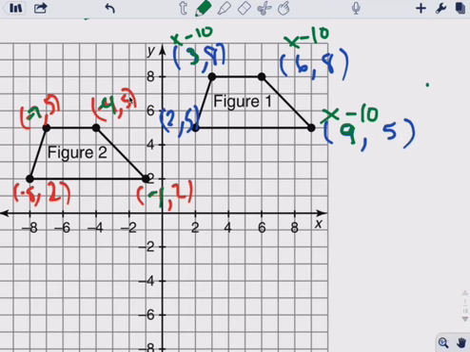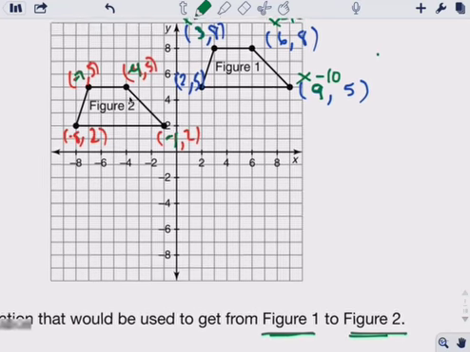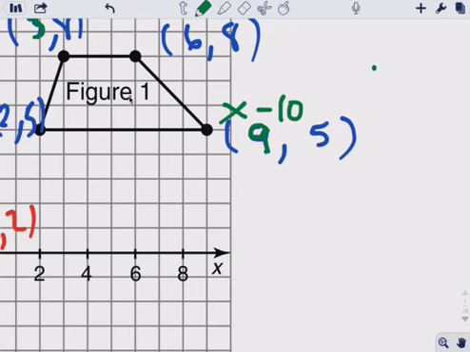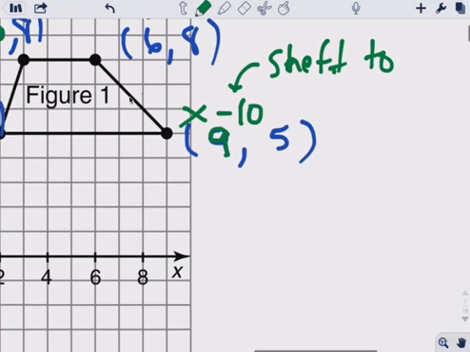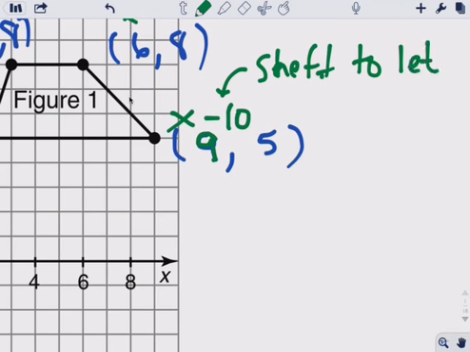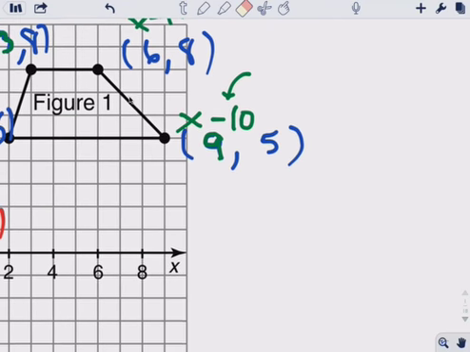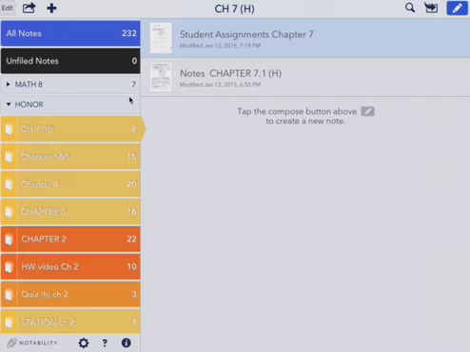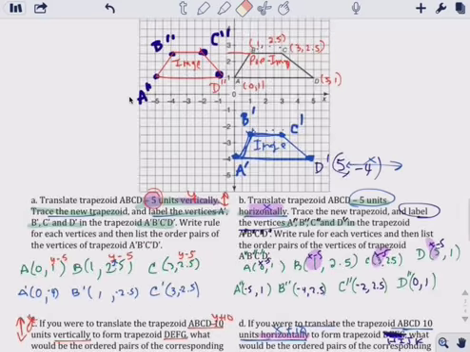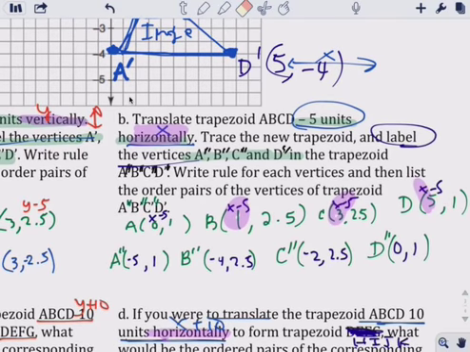So a negative is a shift to the left. That's a shift to the left 10 units. The other vocabulary word used on your homework is translate.